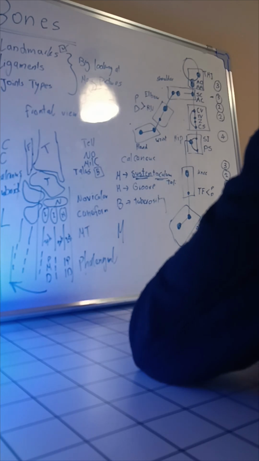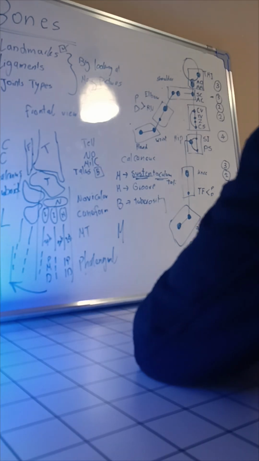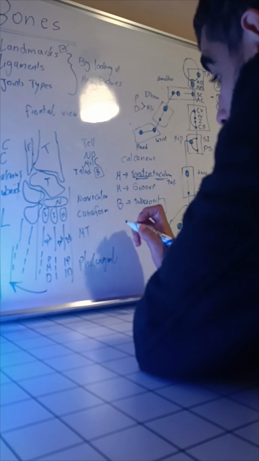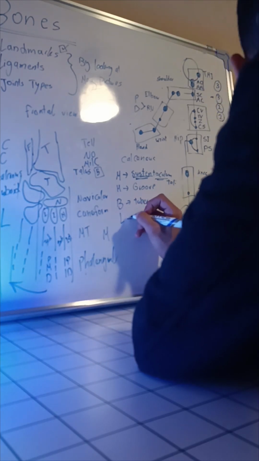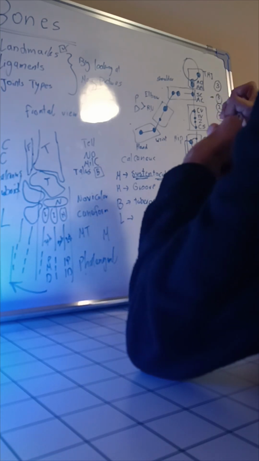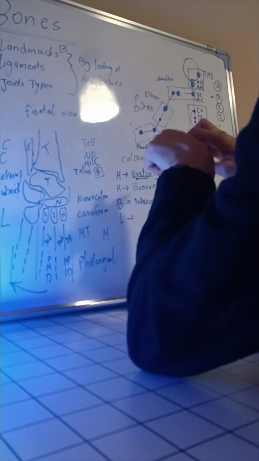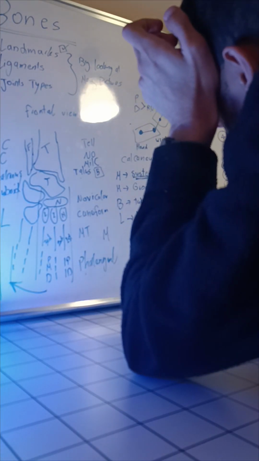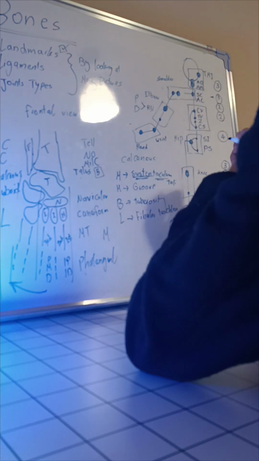Also, we're going to have the medial and lateral processes, and the tuberosity. But also, laterally, we're going to have the fibular trochlea. Fibular trochlea.